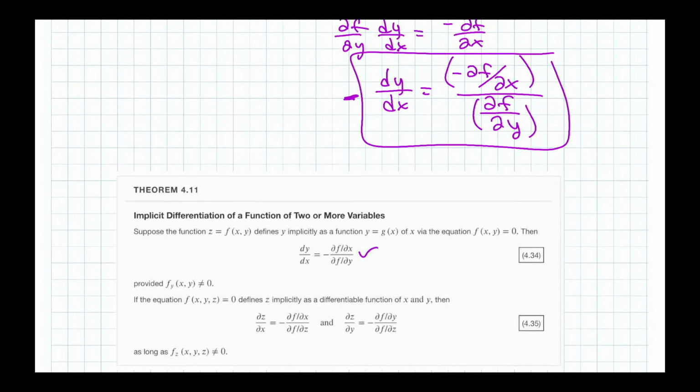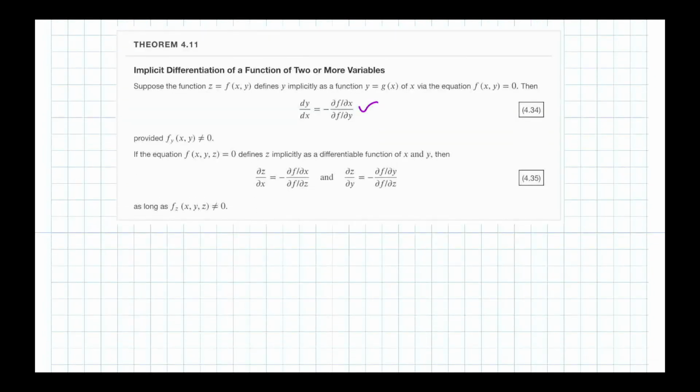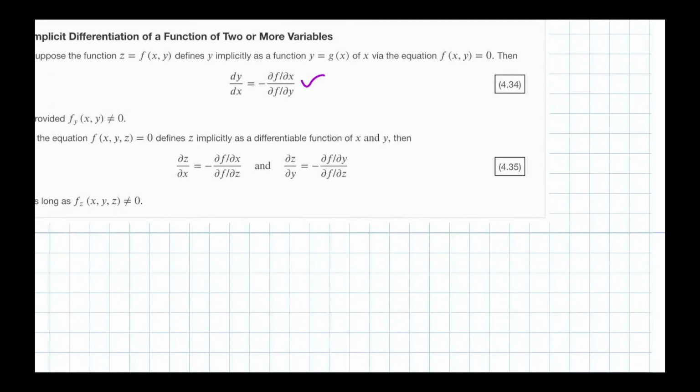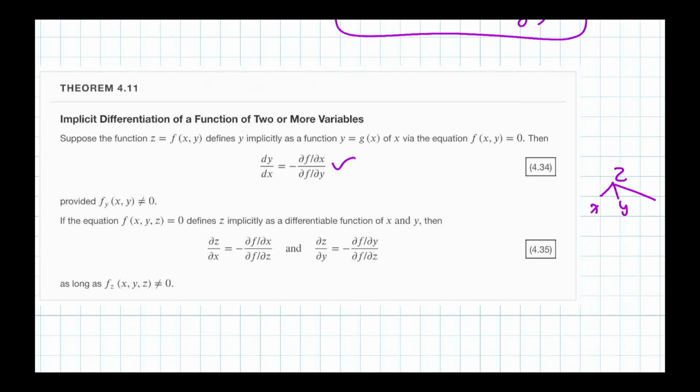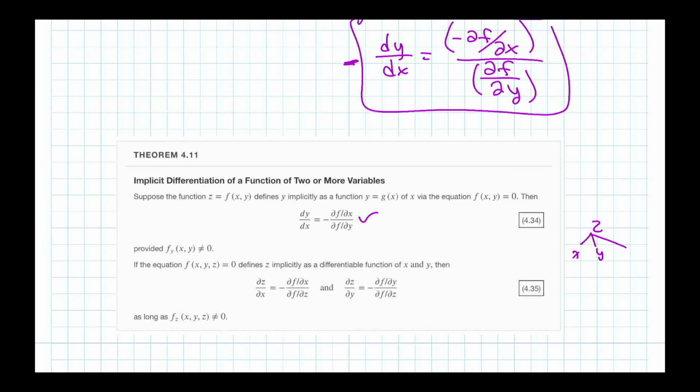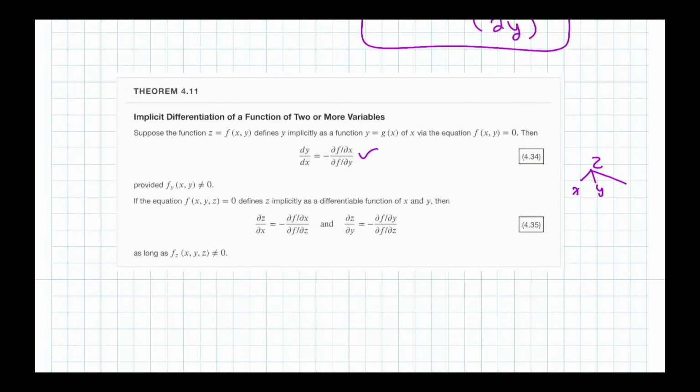So if you were trying to derive those formulas that are called 4.35 there, you would have F is x, y, z.